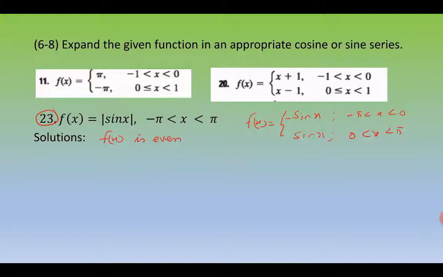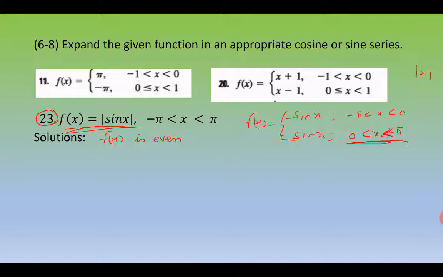Now it's looking like modulus x, the formula of modulus x, which when it comes under modulus sign, obviously it's an even function, right? And why should I write here this part is, in the interval 0 to pi, f of x is sin x, not negative sin x.